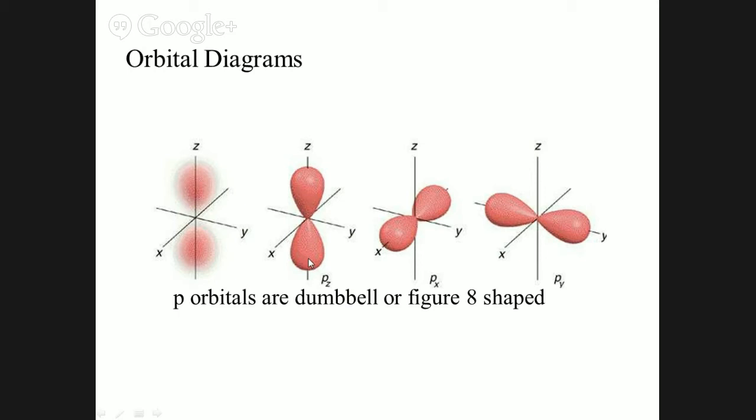And then as we move across the P elements, we just change the orientation to take care of all 6 possible spots, 3 orbitals, but 6 areas of space that the electrons can fill.